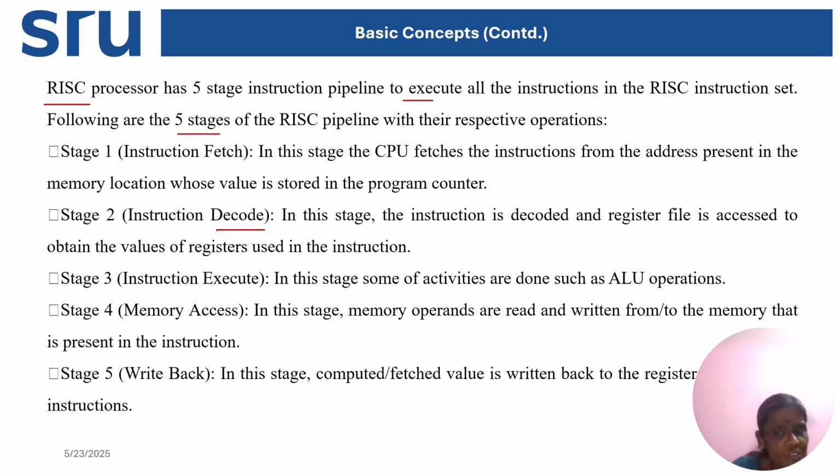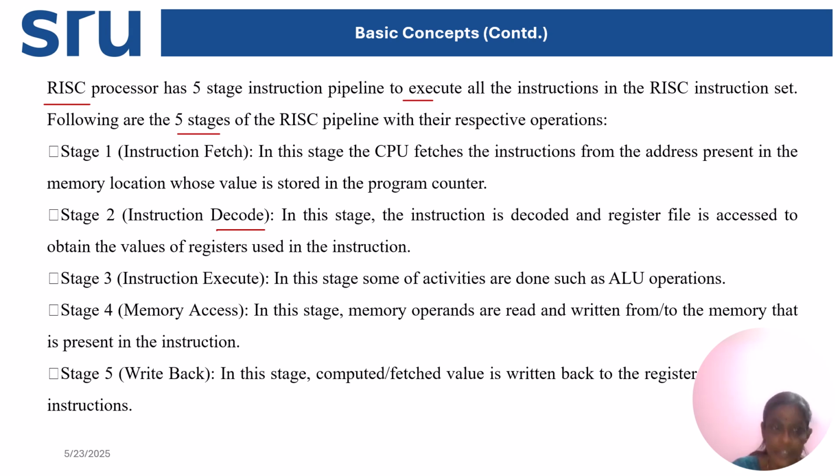Now, what is decoding? In this stage, the processor will understand the command, and it understands what operation is to be performed. By reading the command, the processor understands what is to be done.